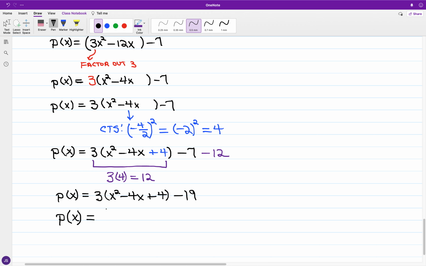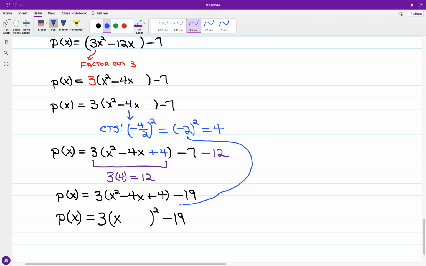Now we have x squared minus 4x plus 4. Again, we're going to have a squared trinomial. And now for x squared, this is going to be the square of x. And what led to the formation of the addition of 4, again, we had taken the negative of 2 and squared it out.